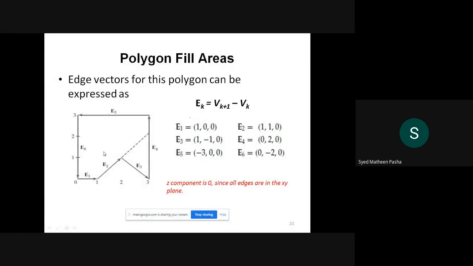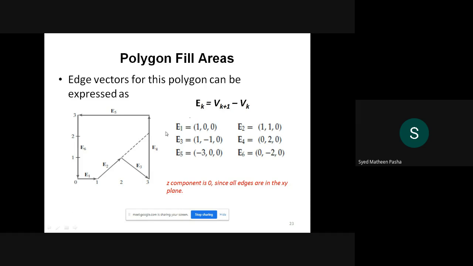As I have represented some edges in this particular figure, edge vectors for this polygon can be expressed as I told, Ek is equal to Vk plus 1 minus Vk. Let's check out what edges are connected to edge 1. After calculating Ek, that is nothing but edge vectors, I can represent edge 1 as 100, which is nothing but Vk plus 1 minus Vk after calculating each and every vertex of each edge there.